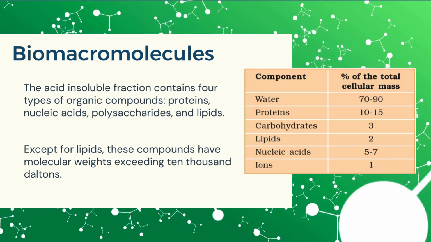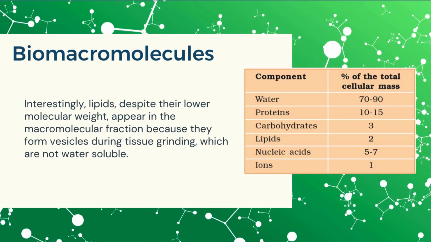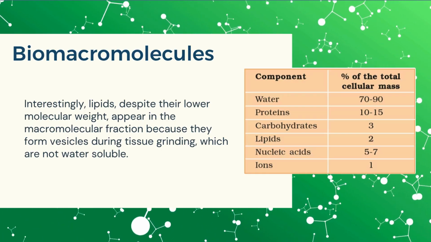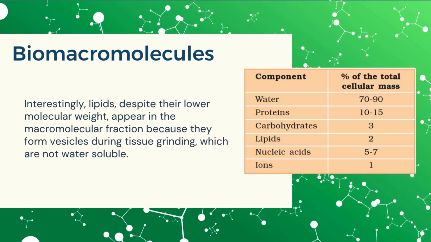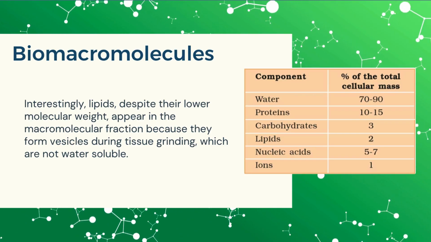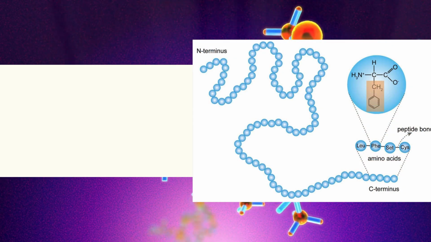Except lipids, these have molecular weights exceeding 10,000 daltons. Interestingly, lipids, despite their lower molecular weight, appear in the macromolecular fraction because they form vesicles during tissue grinding, which are not water-soluble.